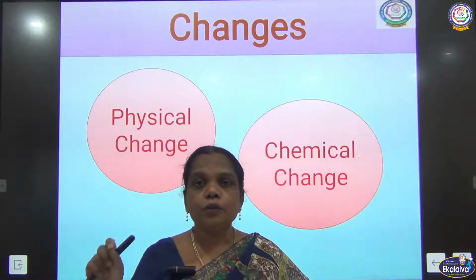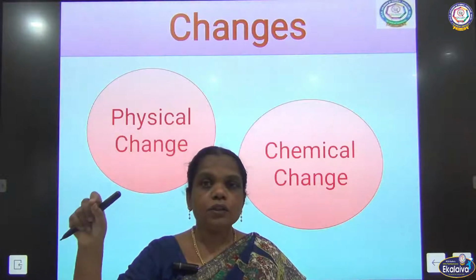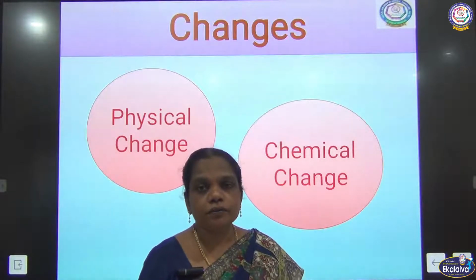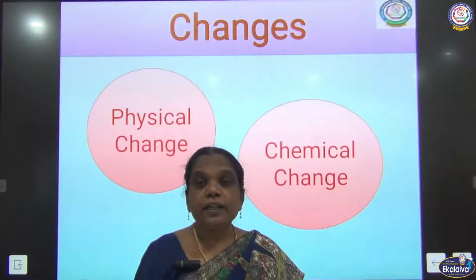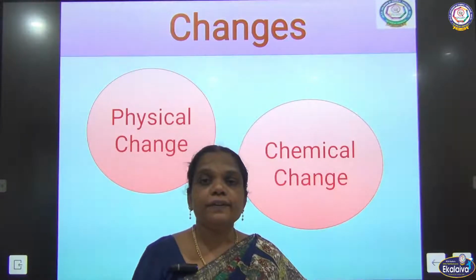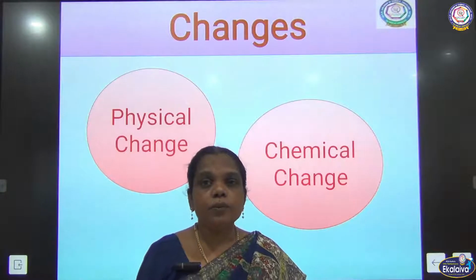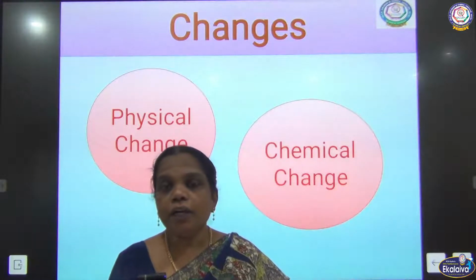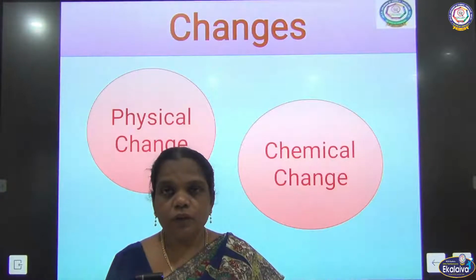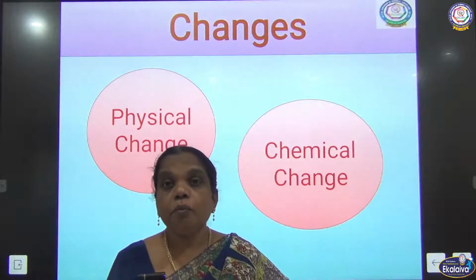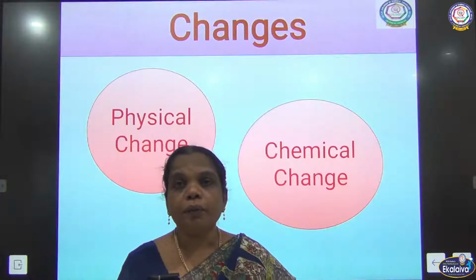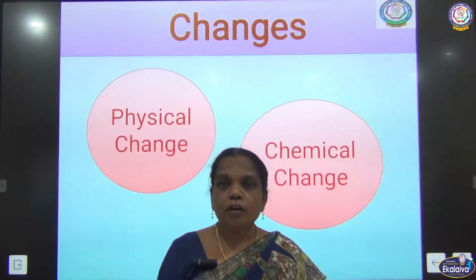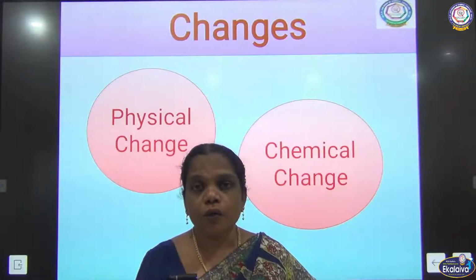Drying of clothes: if you put wet clothes in sunlight, they become what? Dry. And the rusting of iron: an iron gate, over a long time, what happens? It becomes rust. This is one of the changes. And burning of paper: if you burn paper, different substances are formed. So these are all the changes around us.